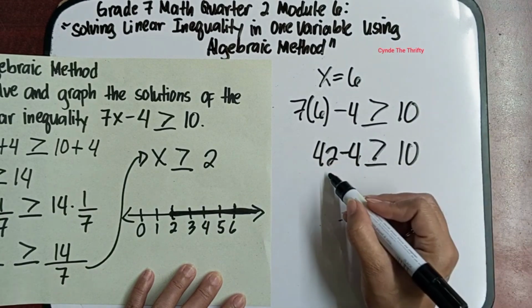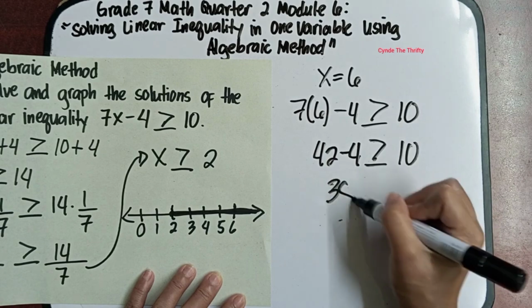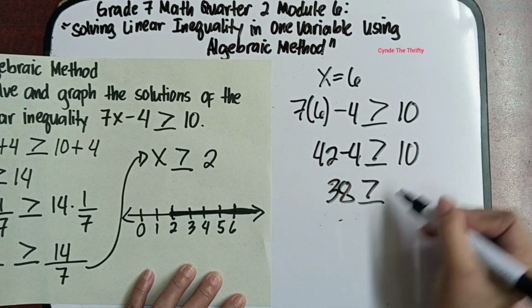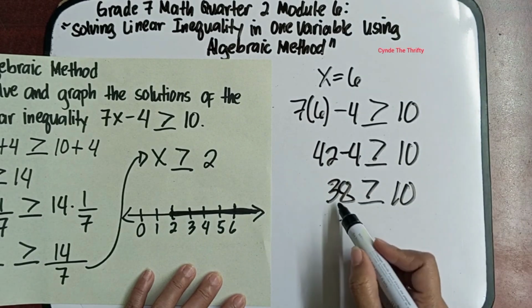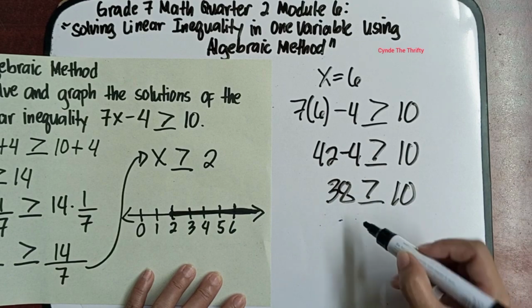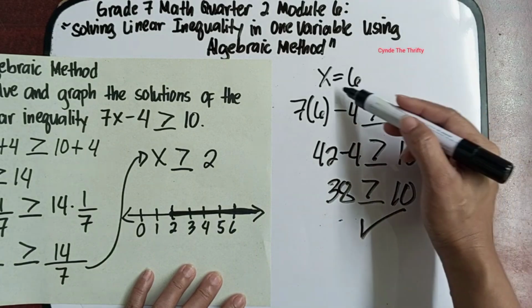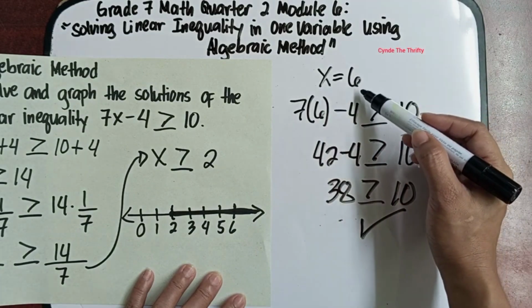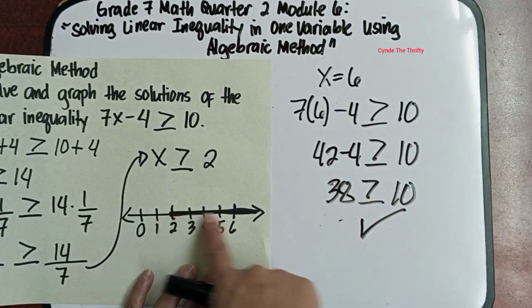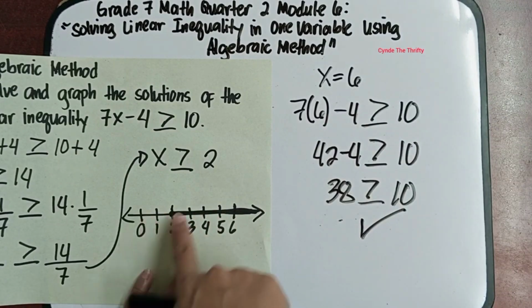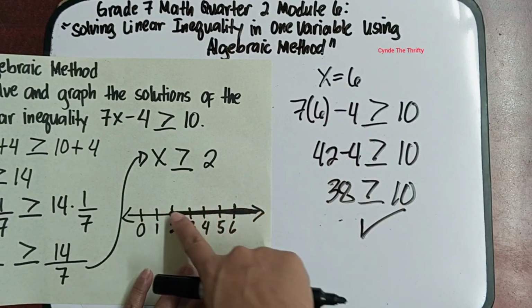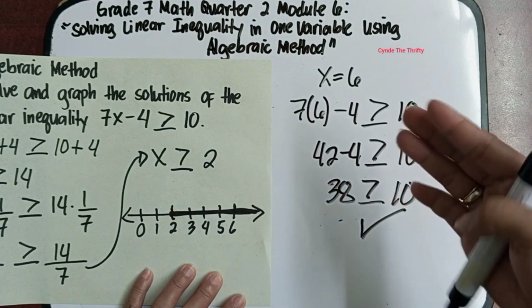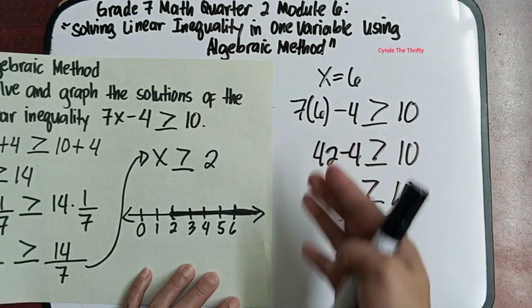So, 42 minus 4 is equal to 38 is greater than or equal to 10. So, si 38 is greater than 10. So, therefore, tama ang ating solution na si x is positive 6. So, lahat ng number dito na galing kay positive 2, papunta dito sa right side, lahat ng mga positive integers is pwede mong gamitin as your solution.